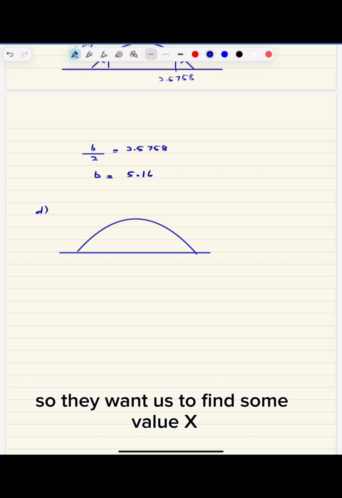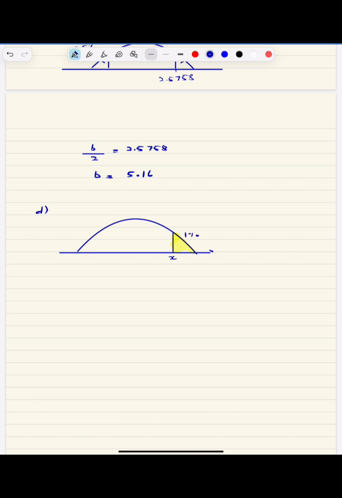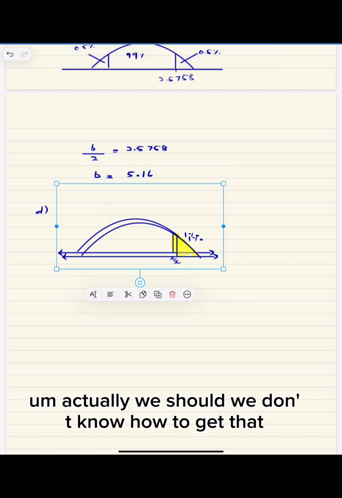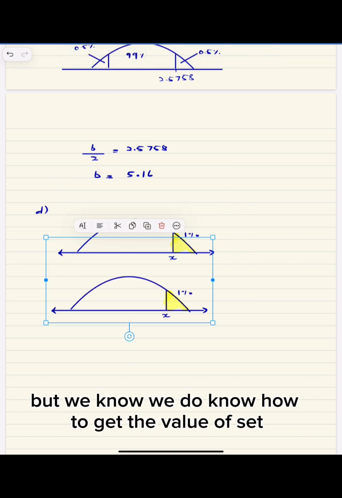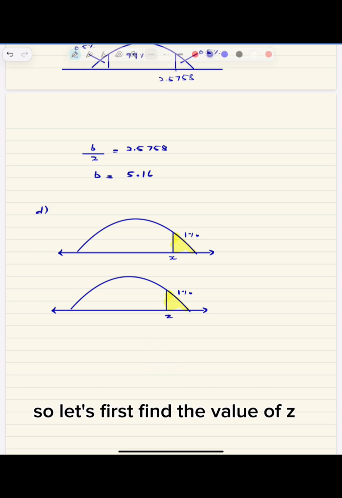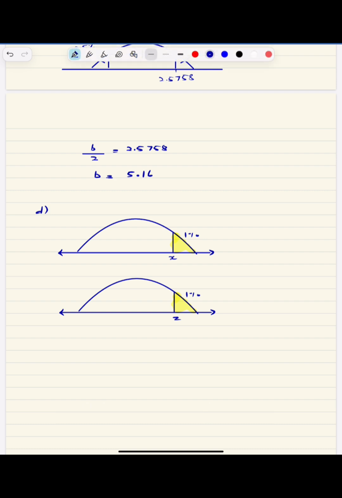So they want us to find some value x so that we have 1% area over here, and actually we don't know how to get that, but we do know how to get the value of z. So let's first find the value of z, and then we can just match it.